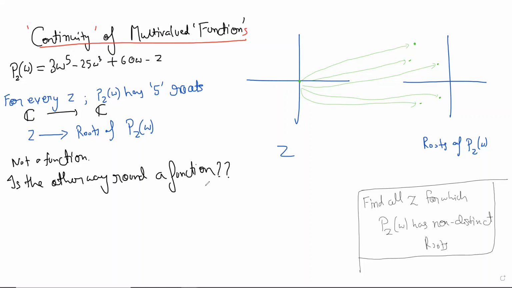First, let's just think. Let me not clarify this, because you can think independently first. So this is one to many, but is the other way around one to many, or is it many to one?